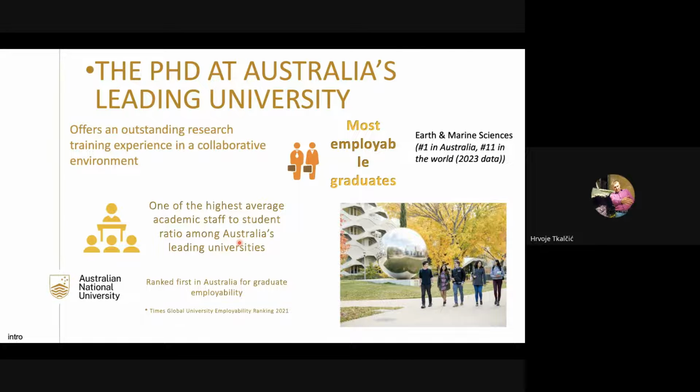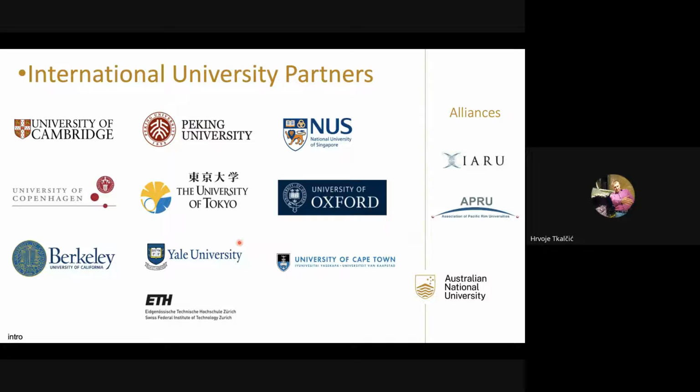And a little bit of advertisement for the Australian National University, which is a leading research university in Australia. So we have pretty much an international community, PhD students coming from around the world to Australia. And these are some of our international partners.